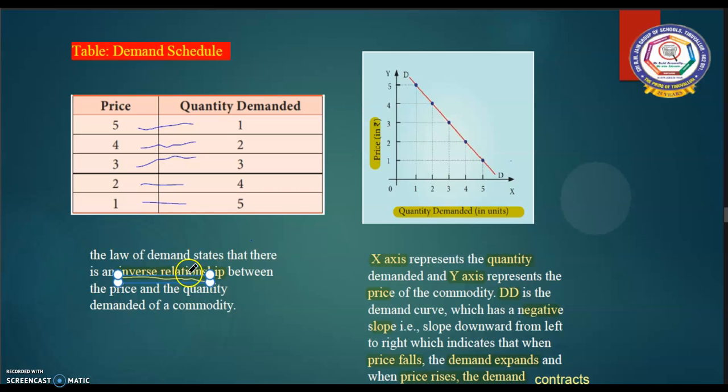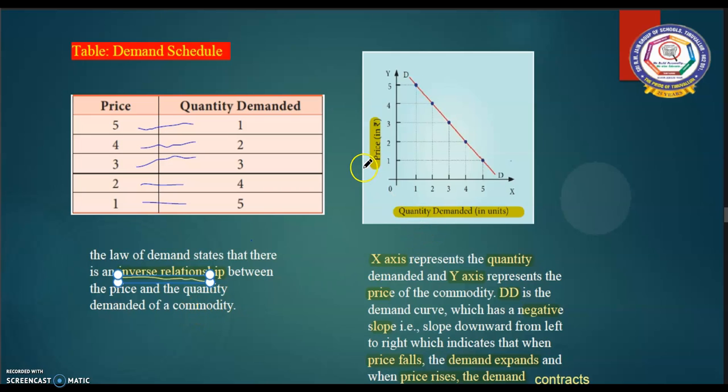That is called the inverse relationship between price and quantity demanded of a commodity. A rise in the price of a commodity is followed by a contraction of demand, and a fall in price is followed by an extension of demand.